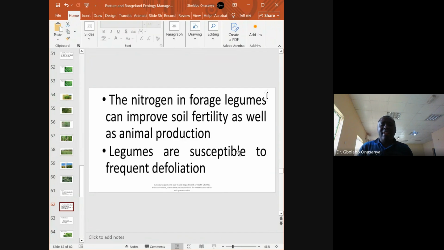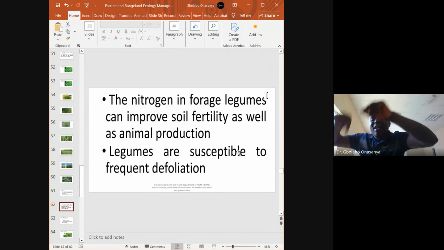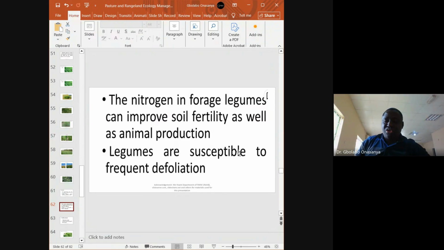In their nodules, they have nitrogen-fixing bacteria that convert atmospheric nitrogen into protein within their cellular system. So the nitrogen in forage legumes can improve soil fertility. In fact, they convert atmospheric nitrogen into soil nitrogen.